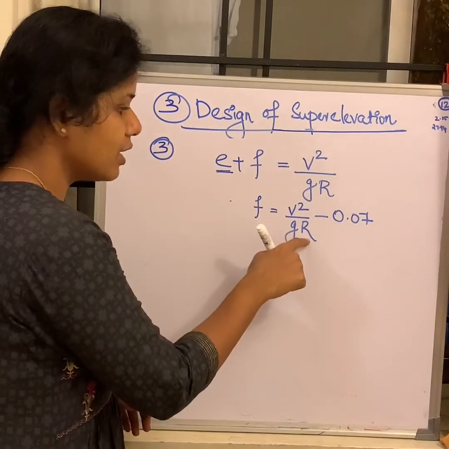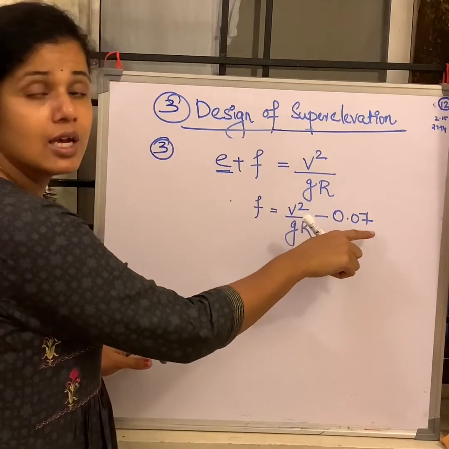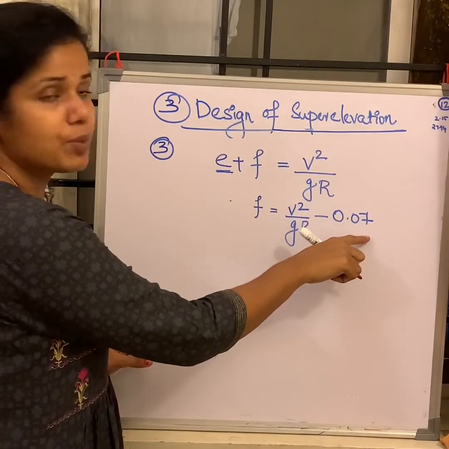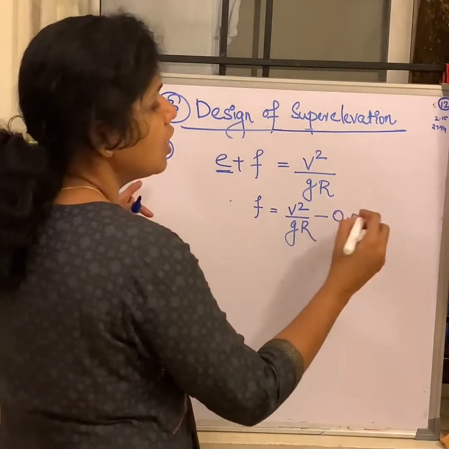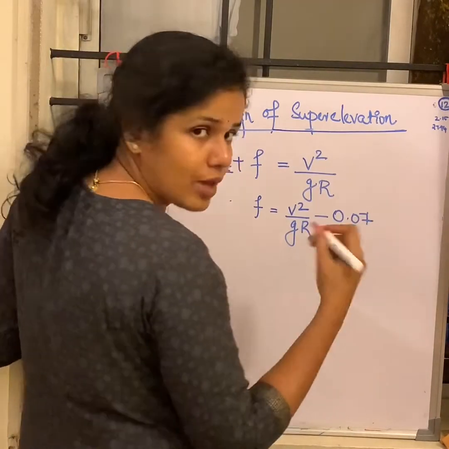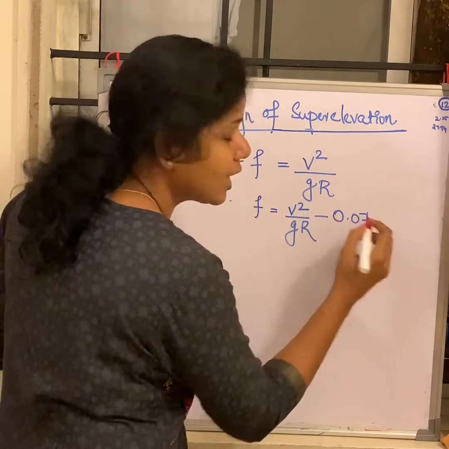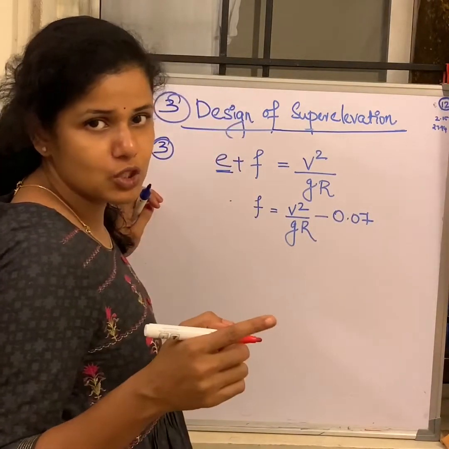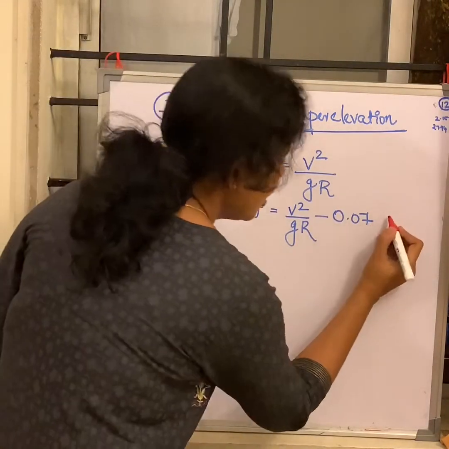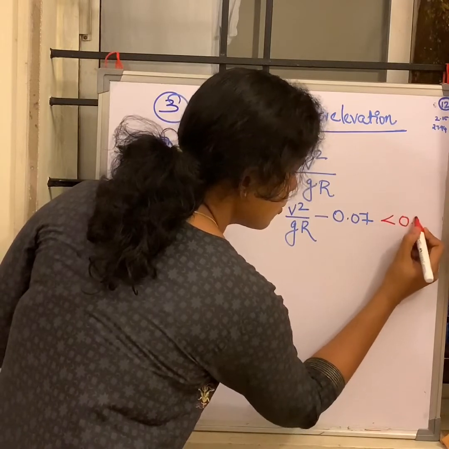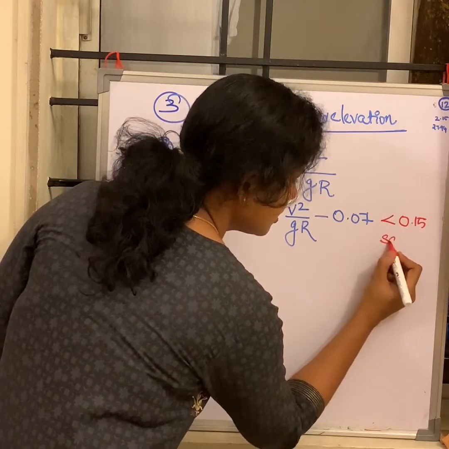You use the design speed, the available turning radius over there, and limit the maximum value of super elevation as 7%. Now, have a check: what is the calculated coefficient of friction you got, and compare it with the design value which you are considering, 0.15. If it is less than 0.15, what is it telling?